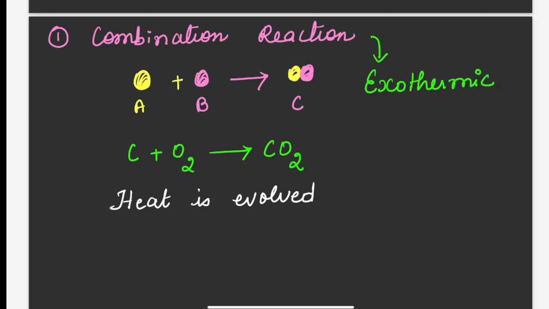What is the meaning of exothermic? Exo means giving out, and thermic means heat. So heat is given out. Such reactions are called combination reaction.